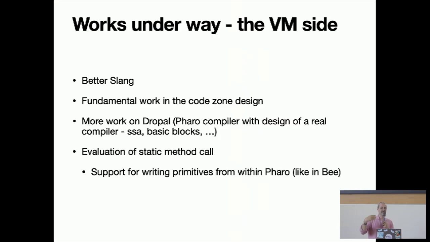So basically, what we have in Drid is the architecture of a real compiler. Because Marcus always told me, yes, the Pharo compiler is a toy, more or less, and I never understood why, and now I understand why, because in Drid we have SSA form, we have basic blocks, we have all kinds of algorithms that we can work on.